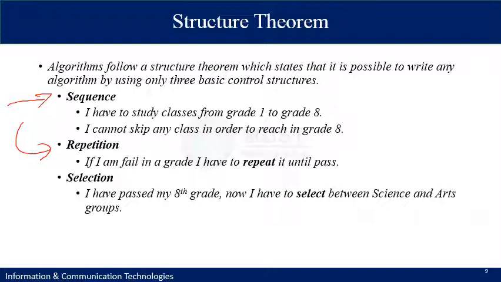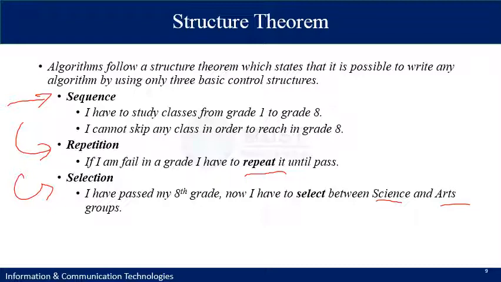If I fail a grade, I have to repeat it until I pass. Similarly, in some cases you have an option to select from a set of options, and this structure is called selection. As an example, if I have passed my 8th grade, now I have to select between the science and arts groups.